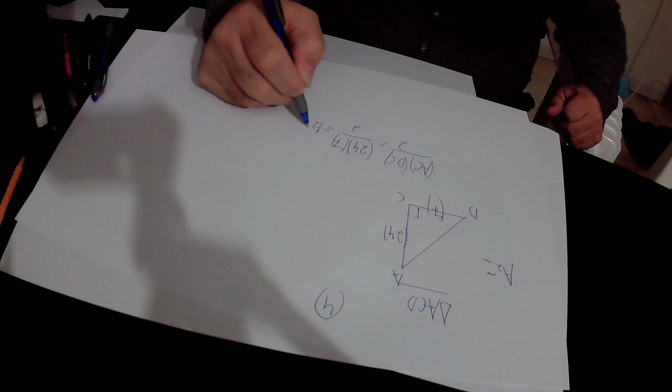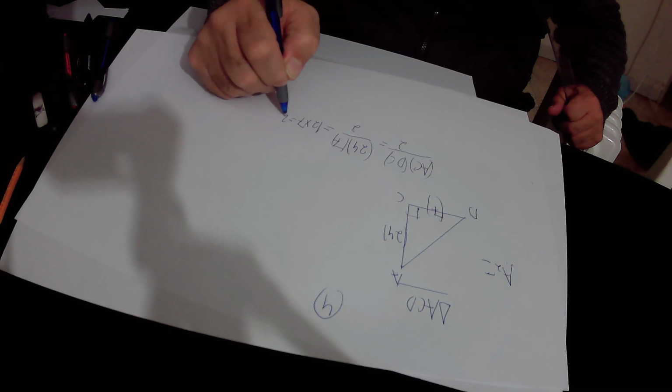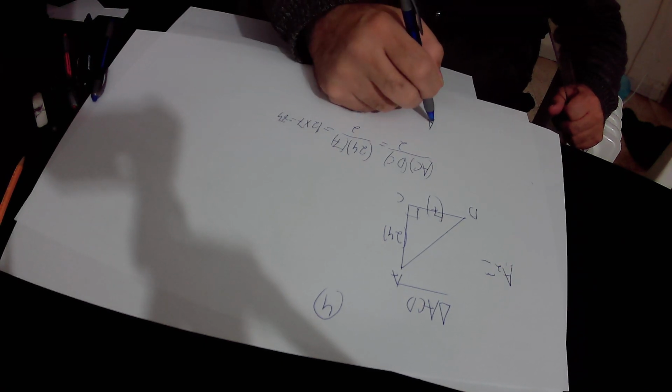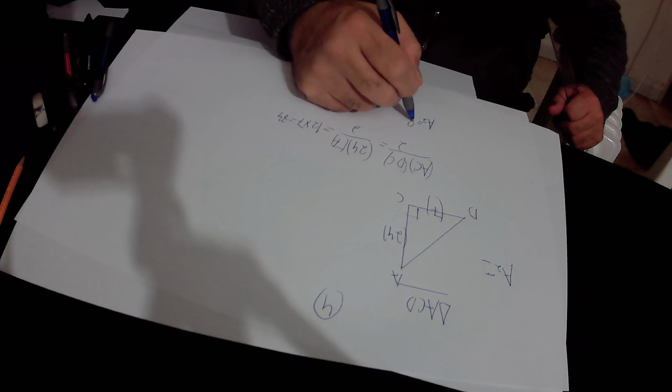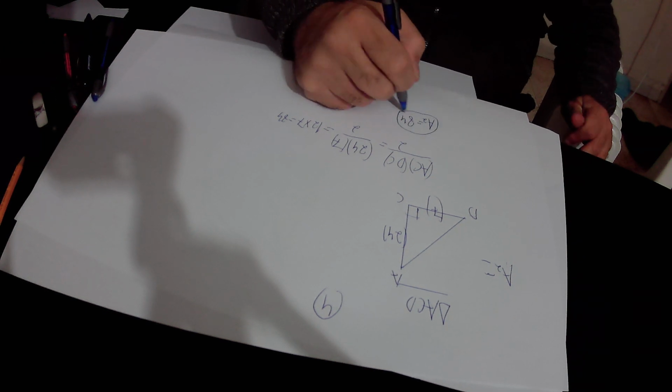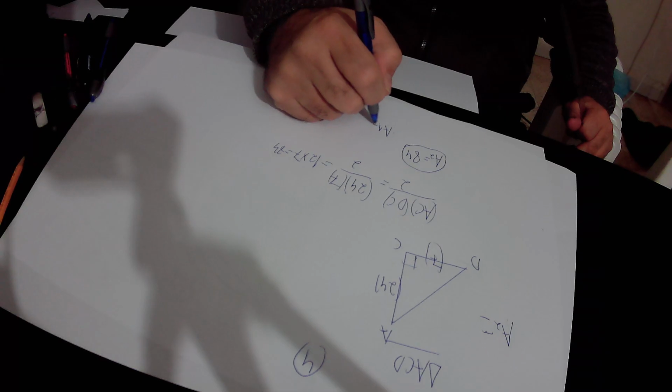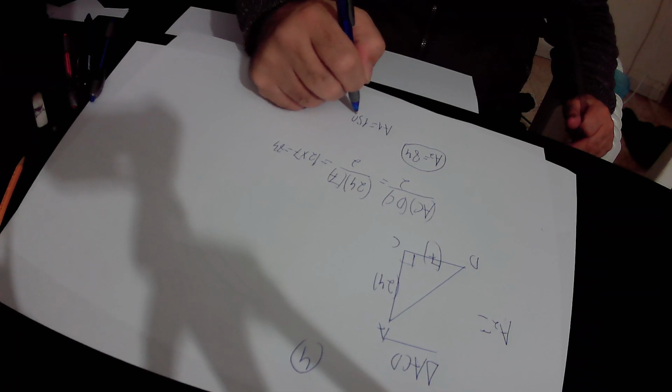24 over 2 is 12, and 12 times 7 is 84. So we found that A2 equals 84 square units, and we already found that A1 equals 150 square units.